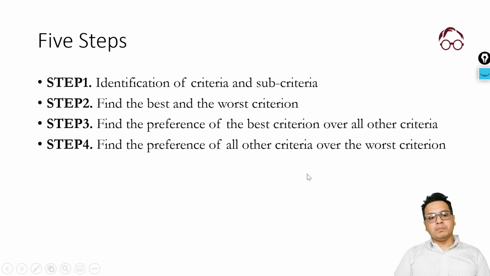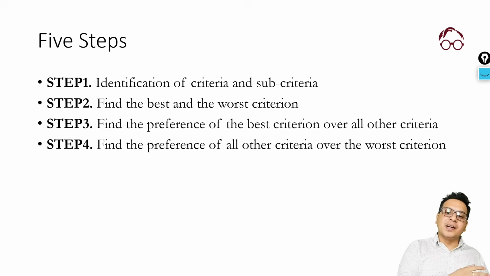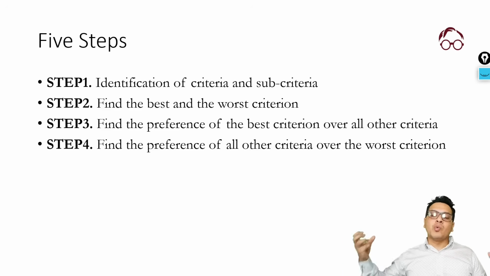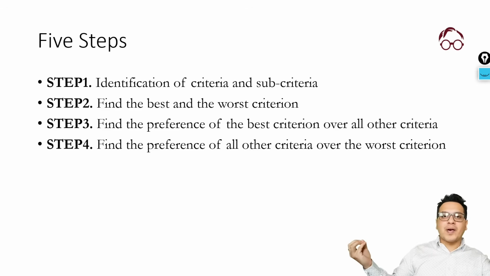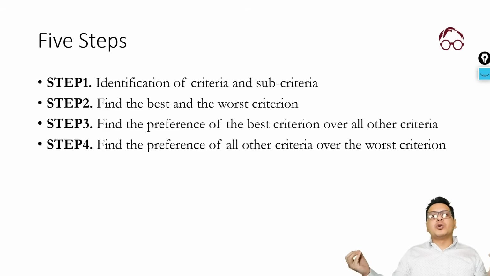Then step 4 is to find the preference of all other criteria over the worst criterion. So when we find the worst criterion, then we ask, okay, criterion 1, how important is it compared to the worst criterion? Criterion 2, how important is it compared to the worst criterion? Criterion 3, and so on. So we compare all criteria to the worst criterion.